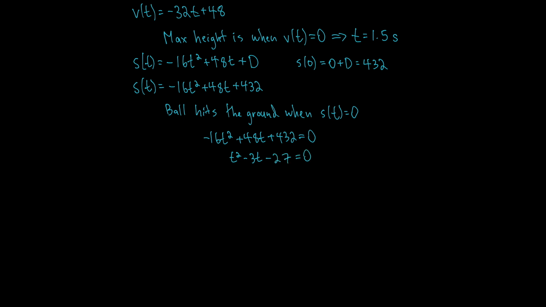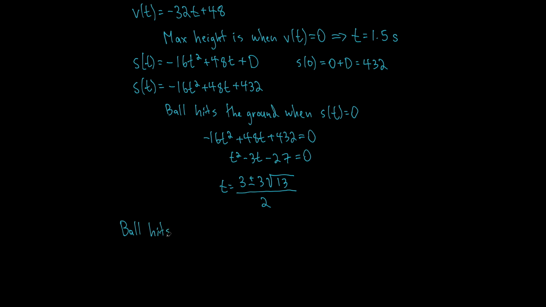So they both have the same root. So now we'll use the quadratic formula. So t is going to be equal to 3 plus or minus 3 times radical 13 over 2. So that's when the ball hits the ground.